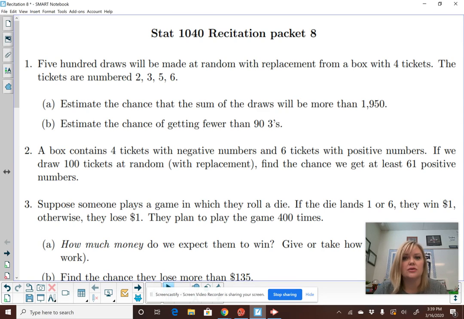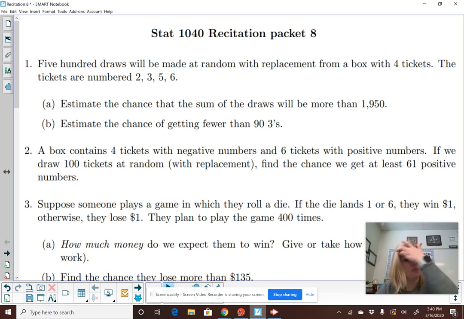Because I wanted to talk about the assignment that we started to work on. It was this Recitation Packet 8. And it was where we talked about setting up a box model that represents the problem, and then from there finding the EV sum and SE sum. And then we use that to figure out the chance of something happening.